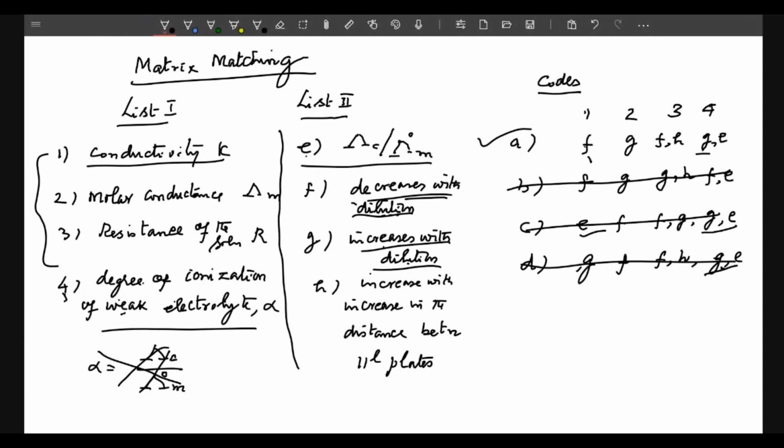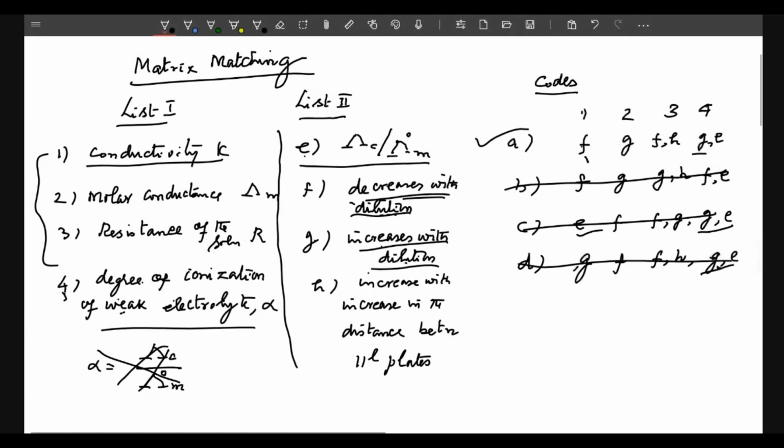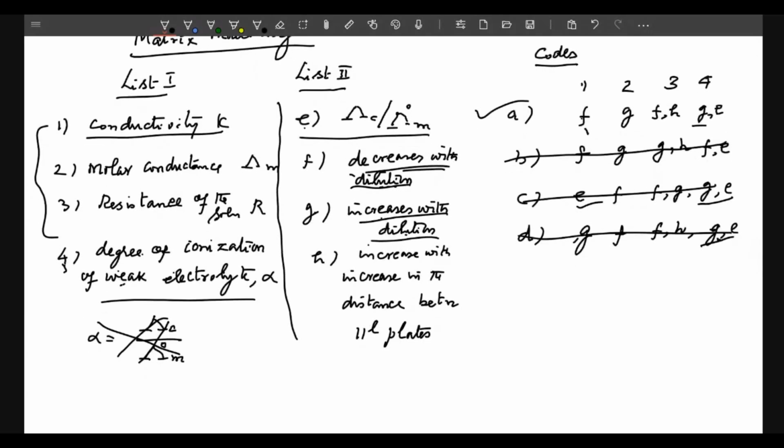Now we go for the Kohlrausch law and its application. After seeing the Kohlrausch law, we will have a short look into the ionic mobility and the problems that are possible. With that ionic mobility, we will end the session.